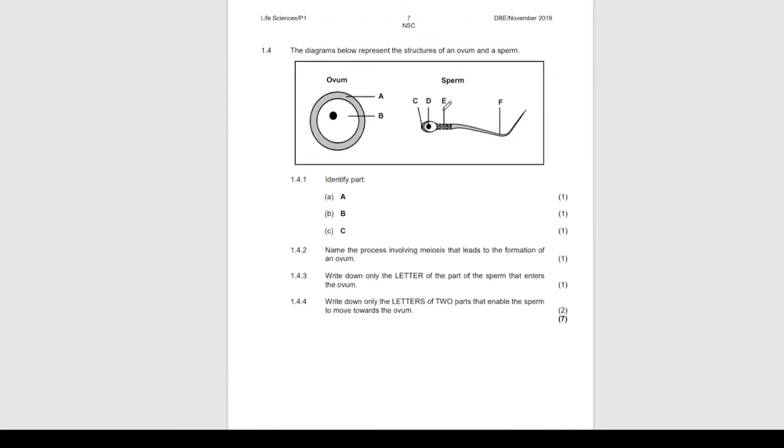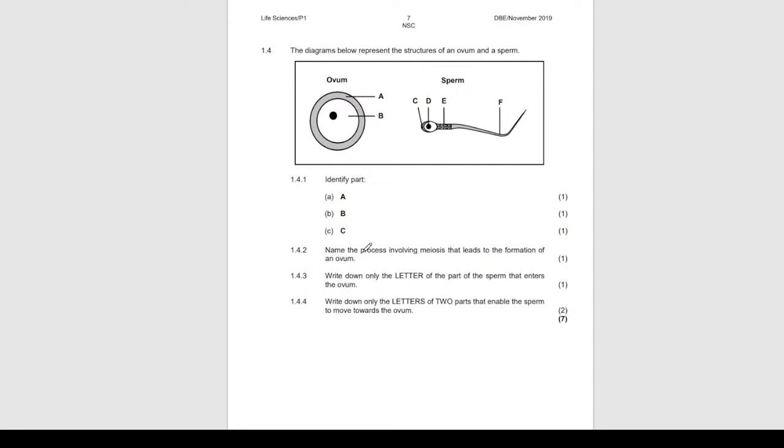Structure of a sperm, we have done this several times. Acrosome, nucleus, middle piece, flagellum or tail. Is it clear?